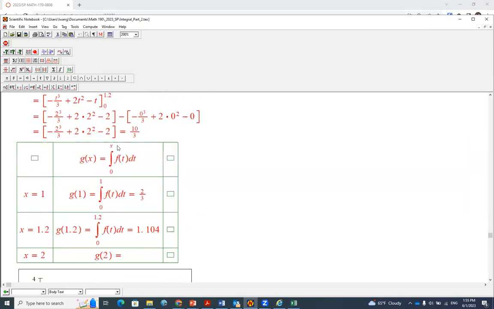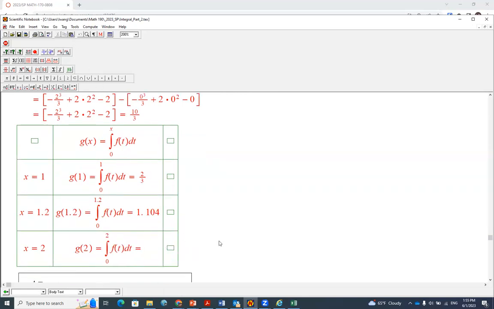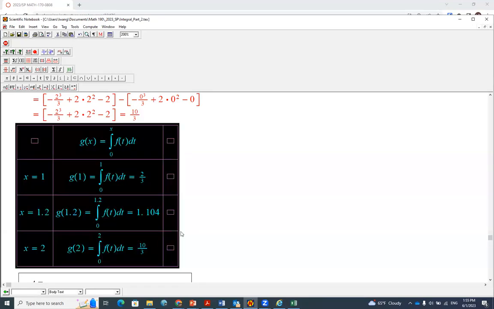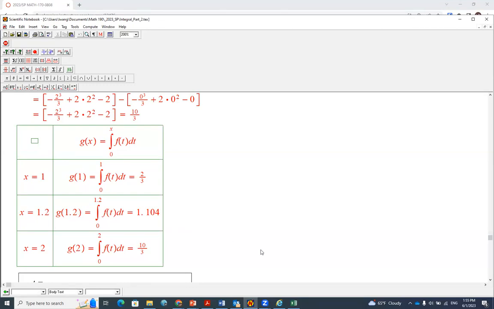G of 2 is this piece. And what do we get after we do this integration? We get 10/3. Okay, we don't need that other column.